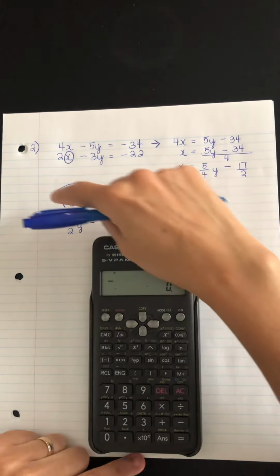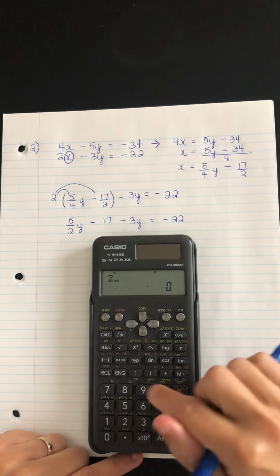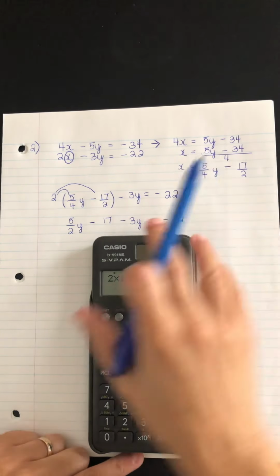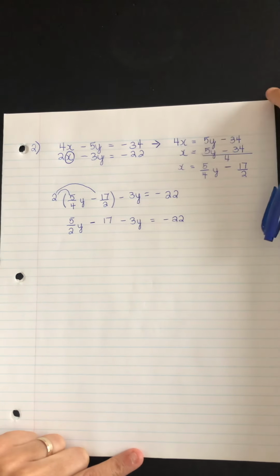Okay, and then you can do 2 times 17 over 2 as well if you need to. Okay, and again, if you hate that, you could do the whole thing in decimals. This would have been 1.25. And this, I guess, is 8.5. So you could do decimals as well.